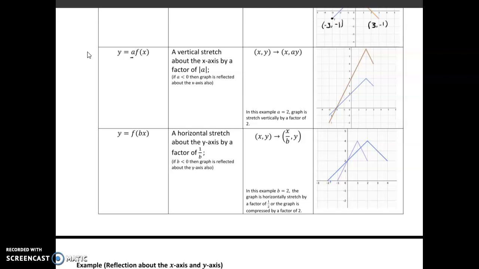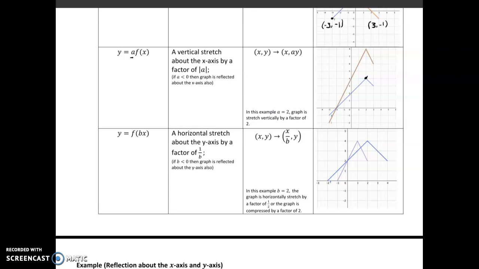So here, in this example, a is equal to 2. We say that the graph is vertically stretched by a factor of 2. So here, what does it mean to stretch? A is equal to 2.